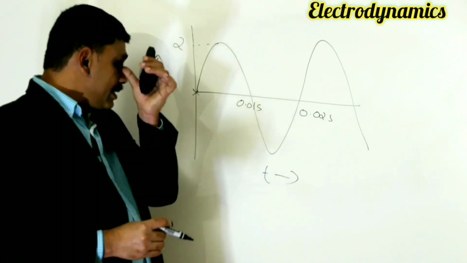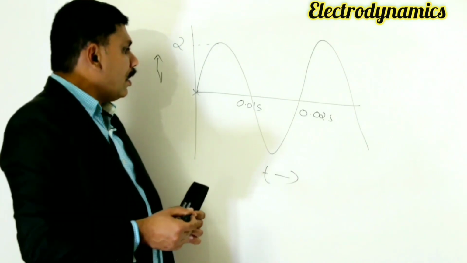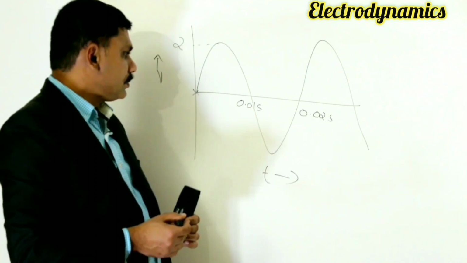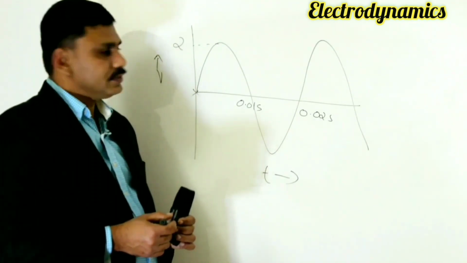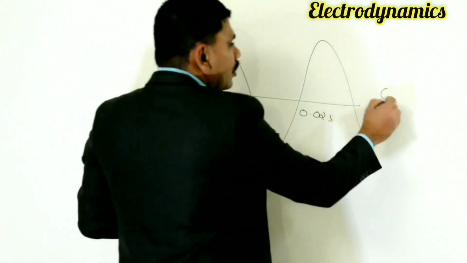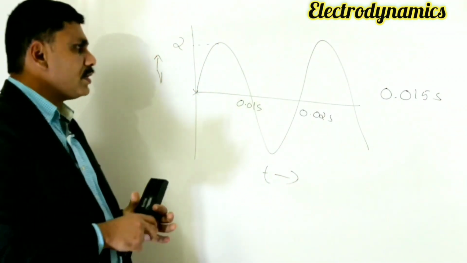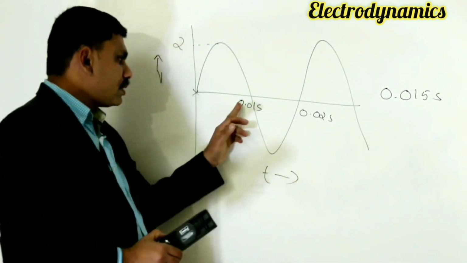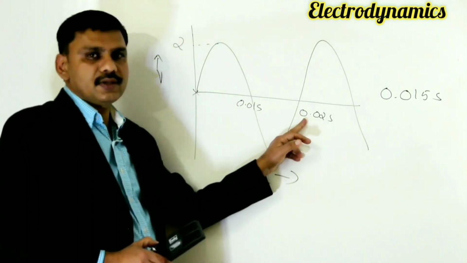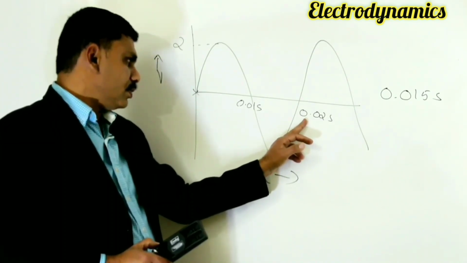In some question papers, different types of questions are asked. For example, how many rotations are there in 0.015 second? This is 0.01, this is 0.02.